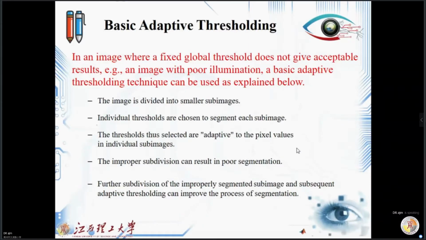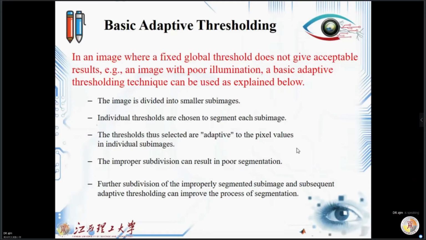First, the image is divided into some smaller sub-images. Then individual thresholds are chosen to segment each sub-image, and the threshold thus selected is adaptive to the pixel values in the individual sub-image.